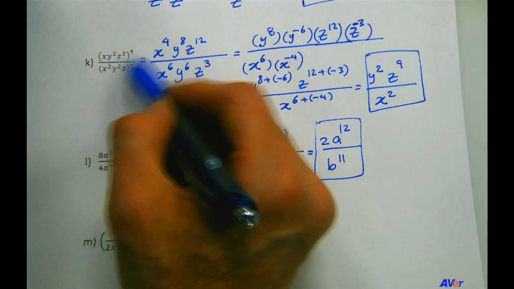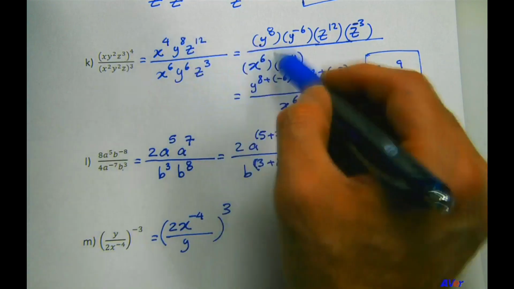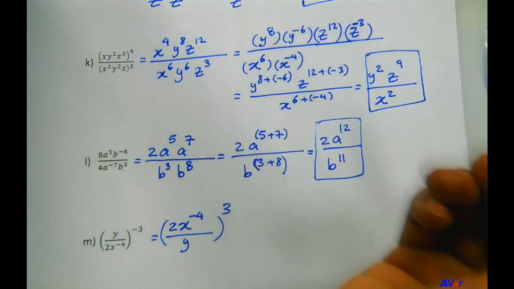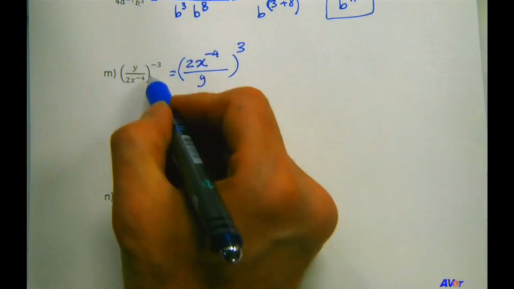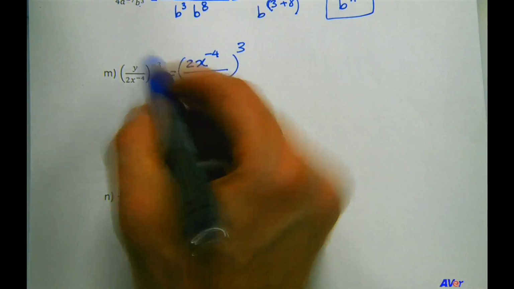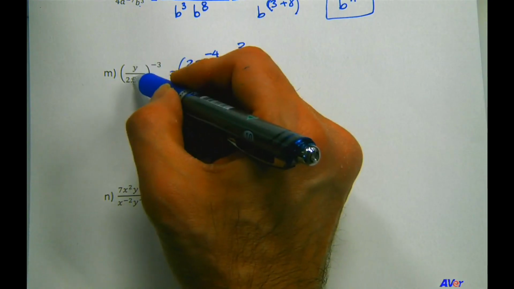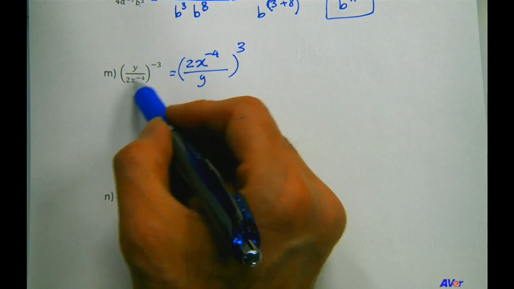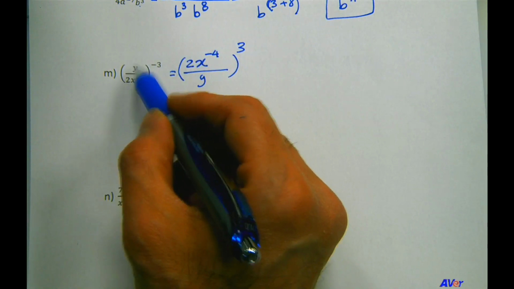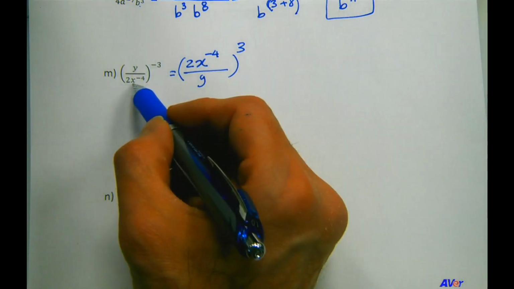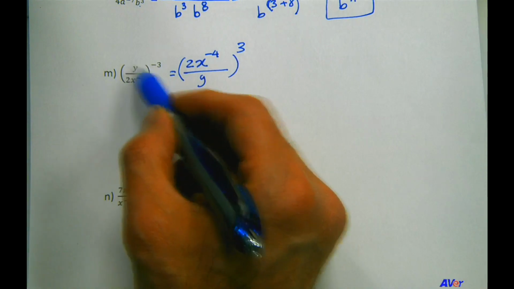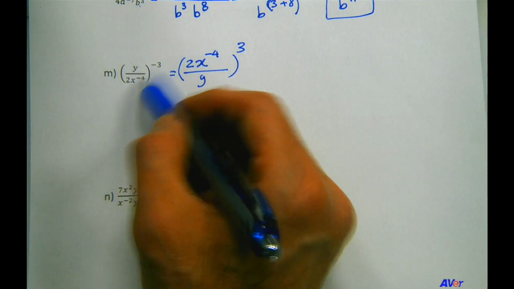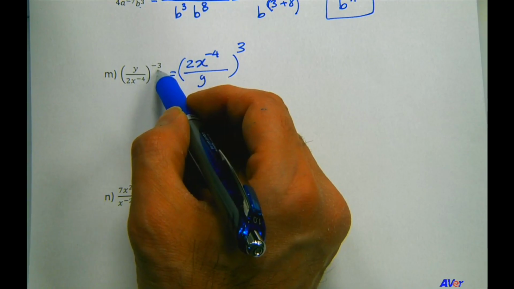We distributed them, and then we played with these terms up and down. But there is a negative outside power here. To make that positive, we flip everything on the inside with no change to powers. Just put whatever you see in the denominator in the numerator, and whatever is in the numerator in the denominator, because we have a negative outside power.